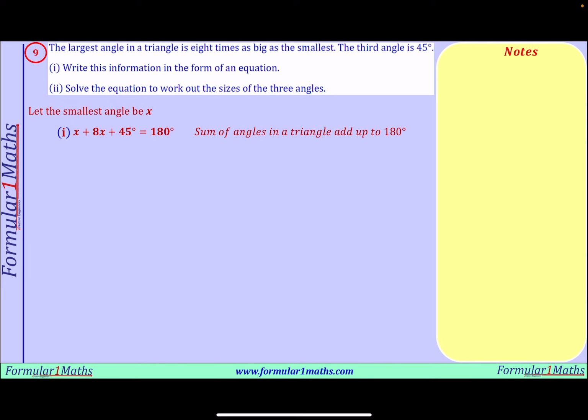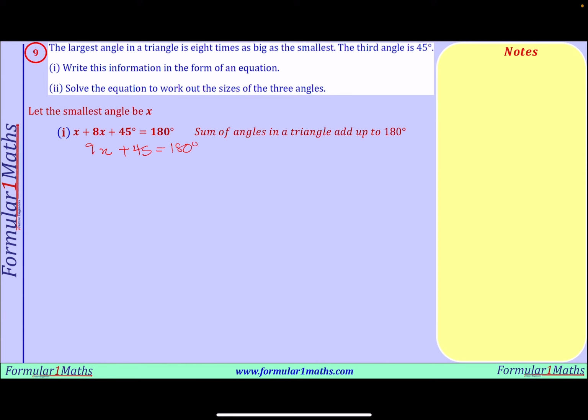And that is the equation that we are required to form. We can reduce this to 9x plus 45 equals 180 degrees. And this is the final equation that we are required to write down.